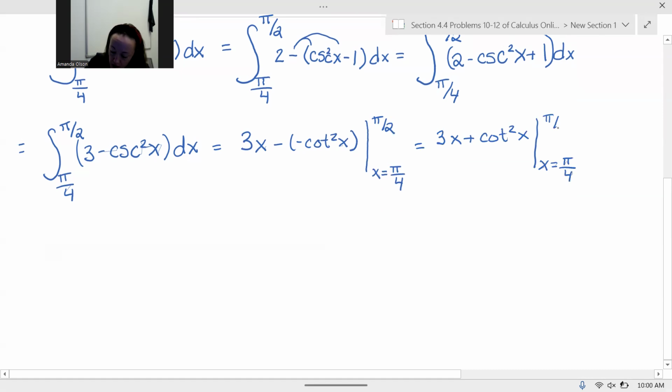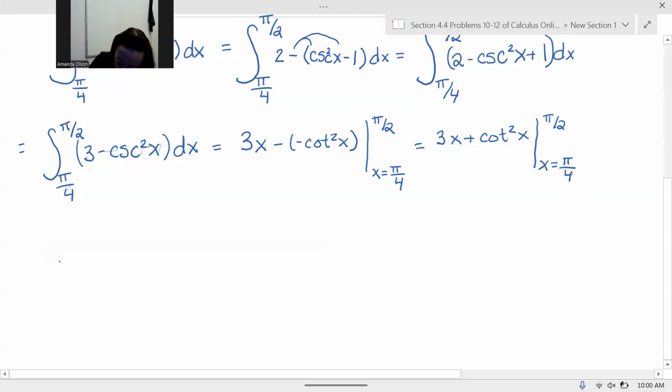So then we want to substitute pi over 2 in for x for both of those, and then subtract this expression with pi over 4 entered in for x. So that's how we evaluate definite integrals. We take the upper bound, we input it for our variable, and then we subtract with the lower bound input for our variable.